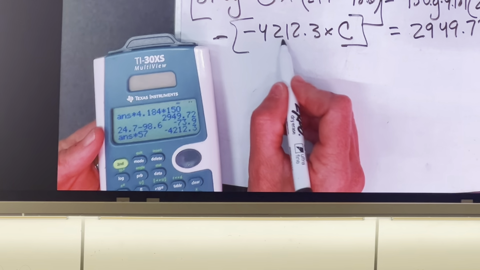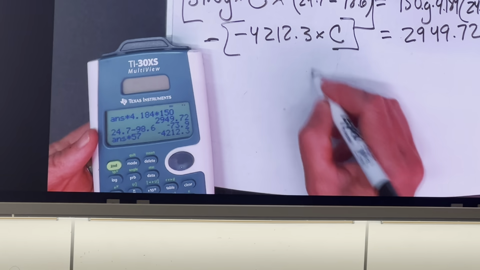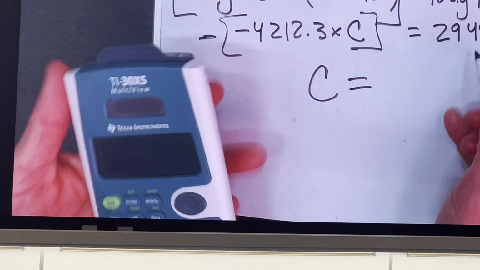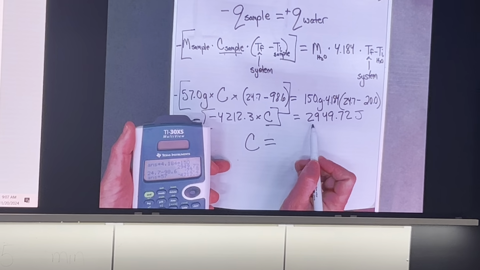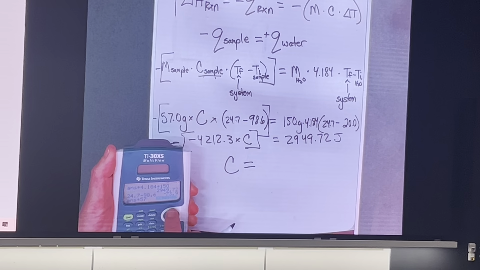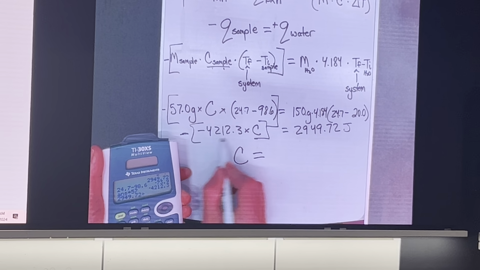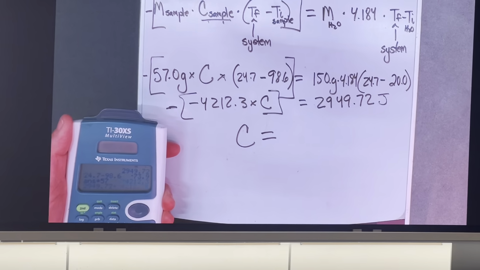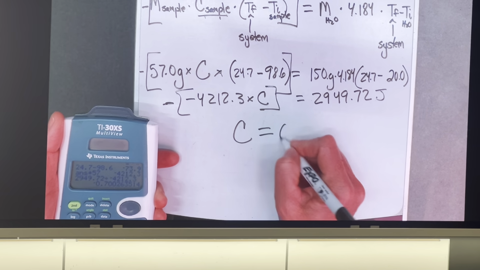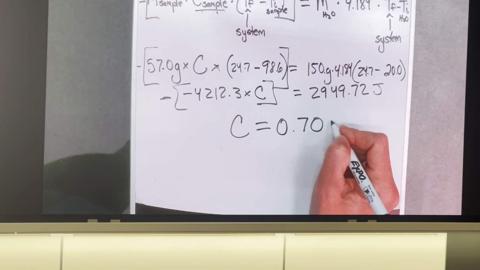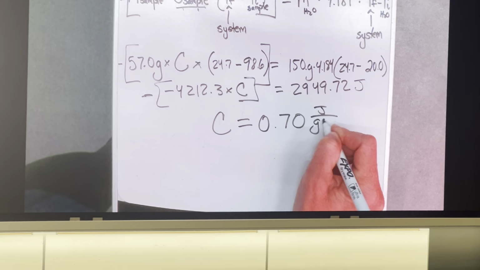And then to find C, I'm going to divide by this value. Because my calculator's awesome, I'm going to go up and grab that number, and then press divide, and now go up and grab that number. I don't have to re-enter anything into my calculator, and this is 0.70 joule over gram degrees Celsius.